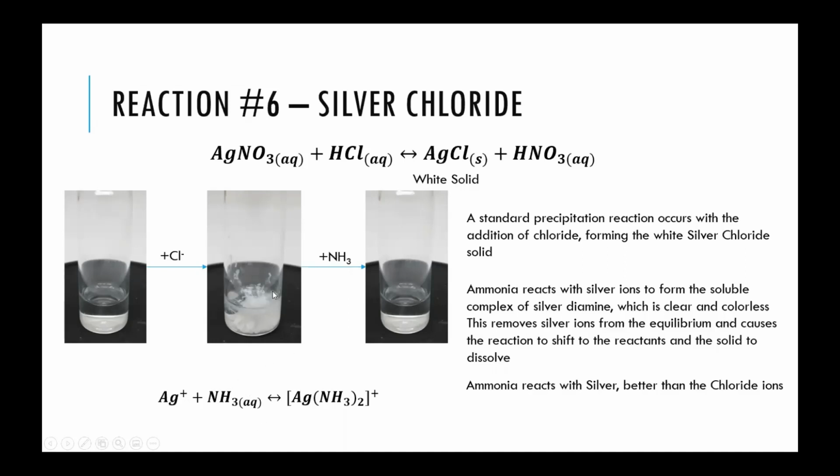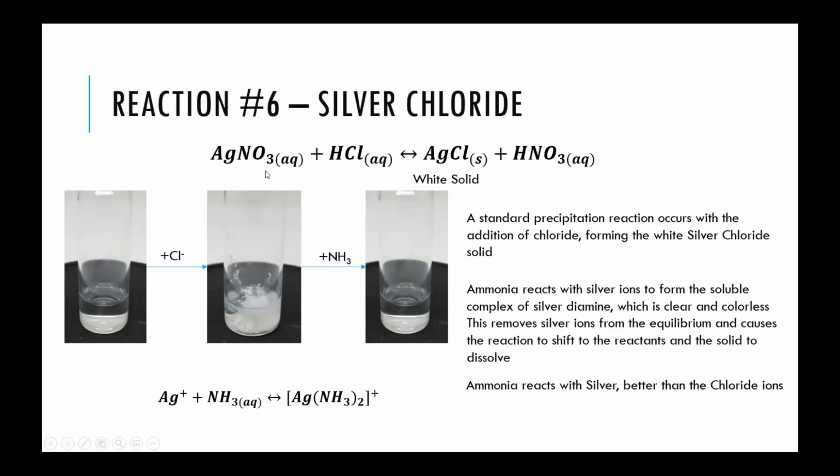When ammonia is added, the silver prefers to be bound to the ammonia. It's removing some of the silver ion from the equilibrium reaction, binding it with ammonia, changing the equilibrium and shifting it from the solid product back into the aqueous reactant.